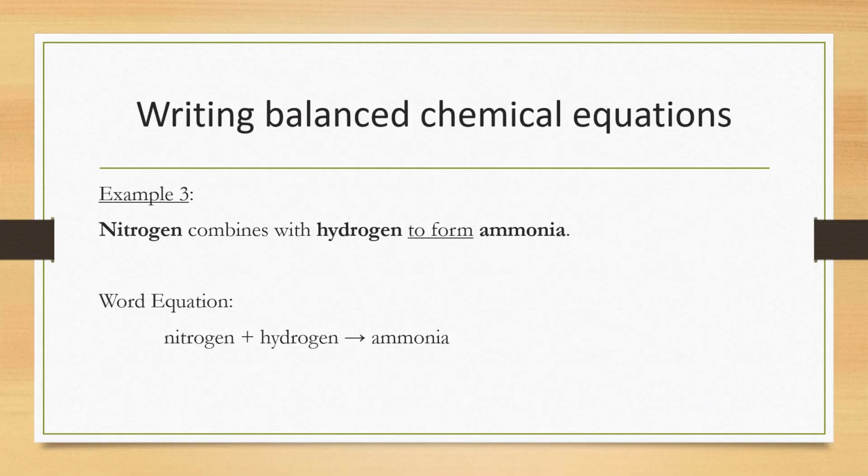We are now going to have a look at a third example, the reaction between nitrogen and hydrogen to form ammonia. The word equation for the reaction is nitrogen plus hydrogen gives ammonia.